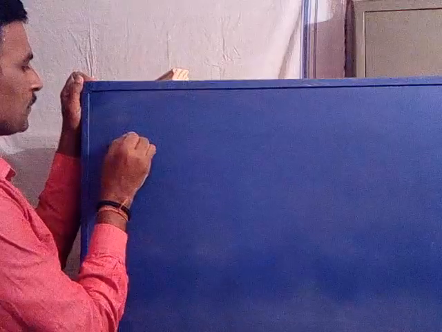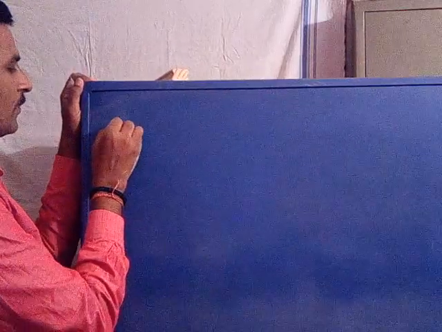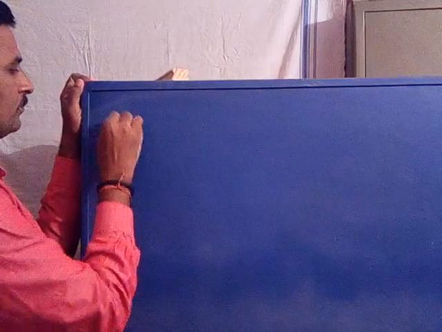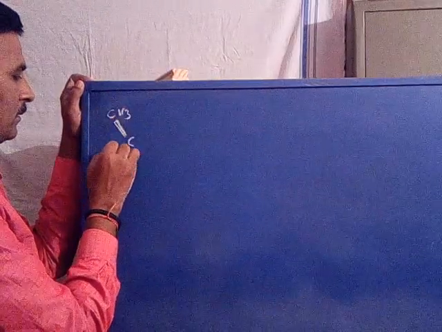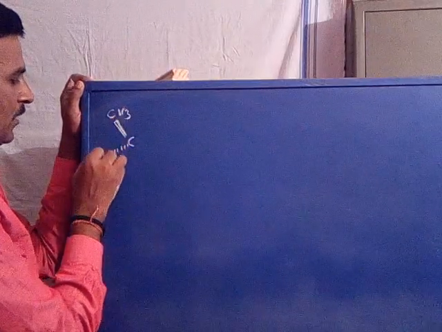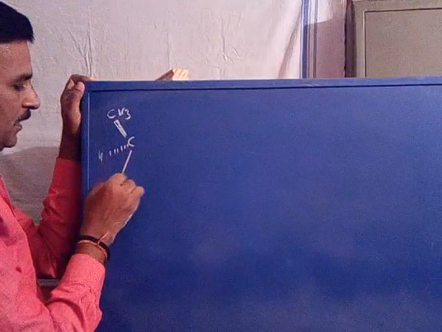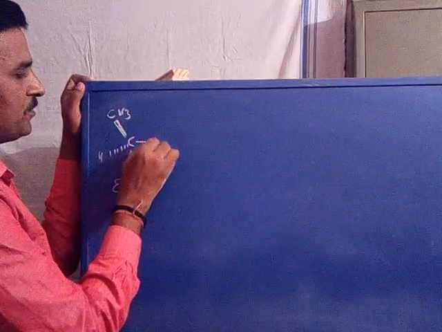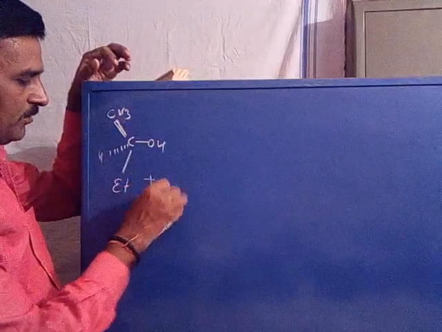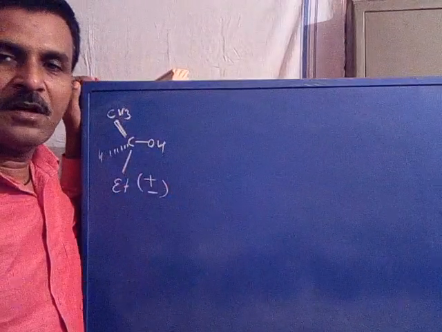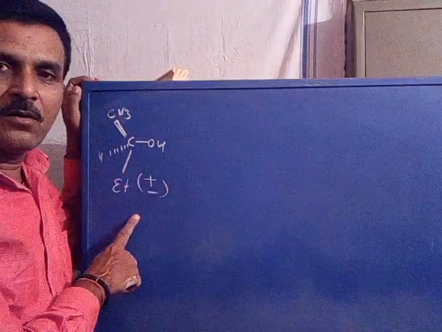You take, say, CH3, hydrogen, ethyl, OH. This is an alcohol, a plus or minus enantiomeric mixture of alcohol. This is an enantiomeric alcohol.